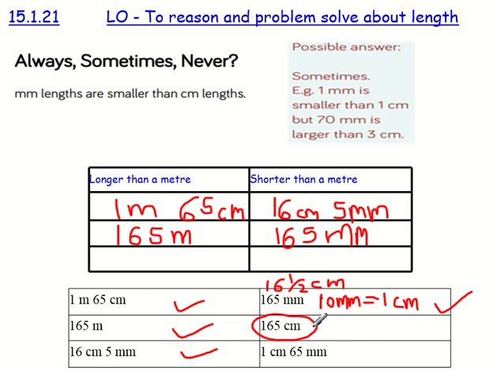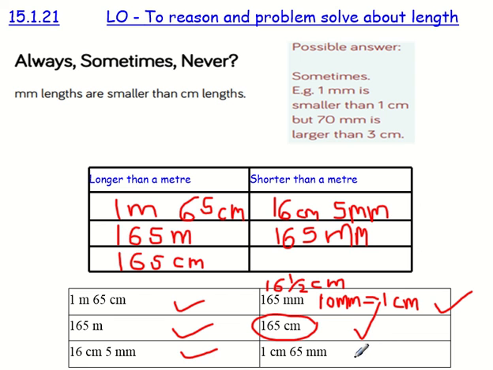So is this shorter than a metre or longer than a metre? It is longer, isn't it? Because we know that 100 centimetres is a metre, and we've got 165 centimetres. Sorry, that looks like an S again, boys and girls. So that goes into longer than a metre. We can give that one a tick.